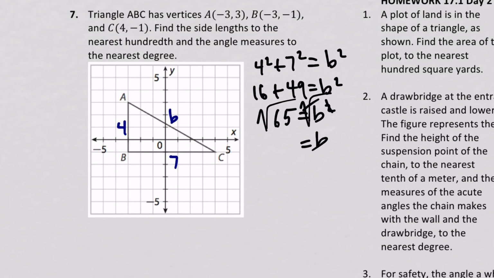So radical 65, punch that into your calculator. So the calculator says 8.06225 and so on. It says here to round to the nearest hundredth, so that's 2 decimal places, right? So I'm going to leave it as 8.06. There you go. We found that side, 8.06, right here.